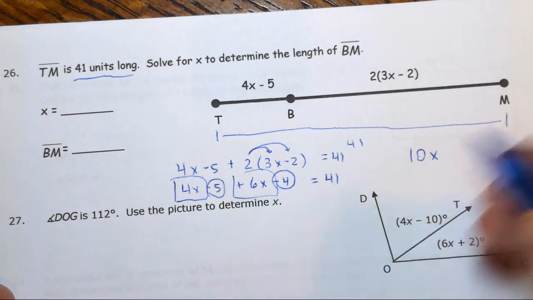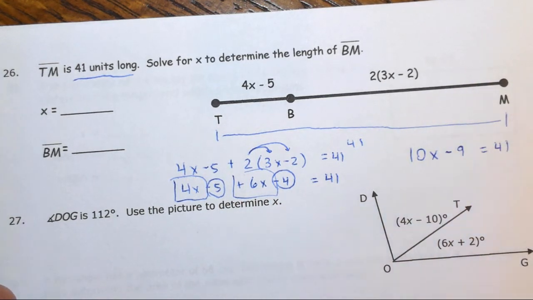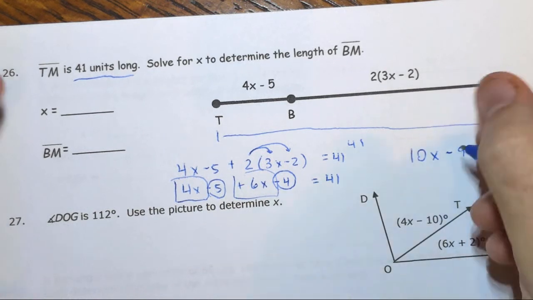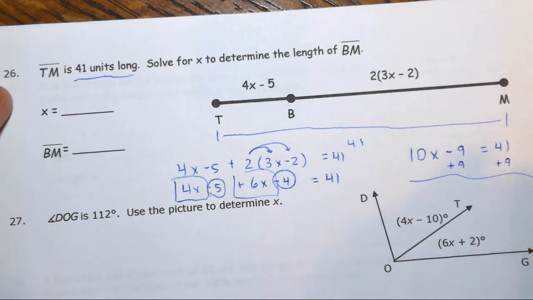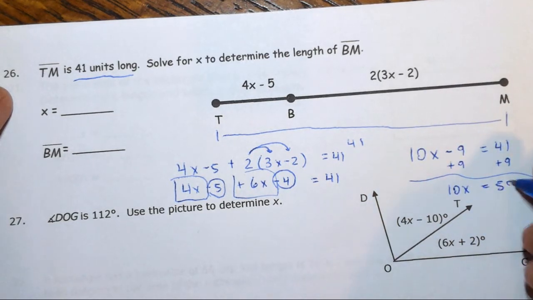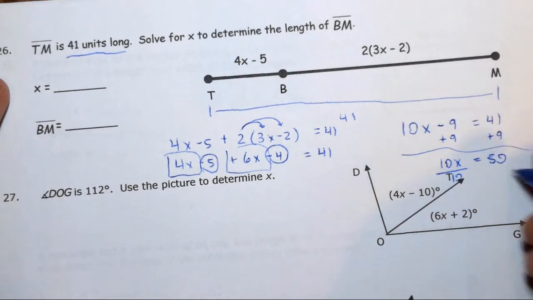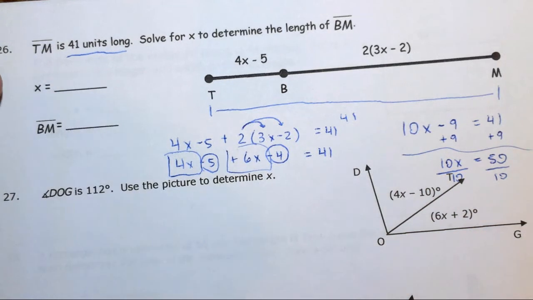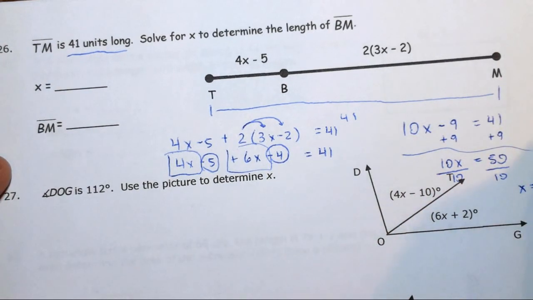Negative 5, negative 4, I get negative 9. It's equal to 41. Then I'm going to add 9. Add 9. I get 10x is equal to 50. Alrighty, well then I need to divide by 10. Divide by 10. 50 divided by 10 is 5.